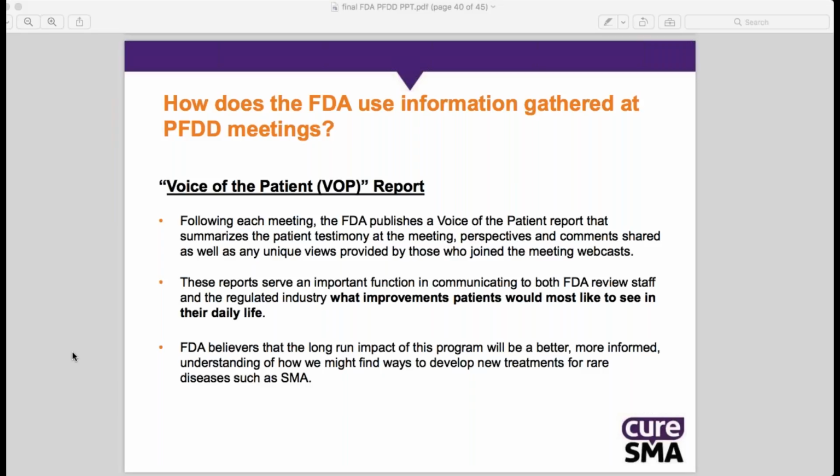So it really ties back to my earlier statement around make sure that the messages you deliver are high priority key messages, because that's what will end up in your voice of the patient report. And that's what you want the FDA review division to be reading when they go to that material to consider potential therapies.